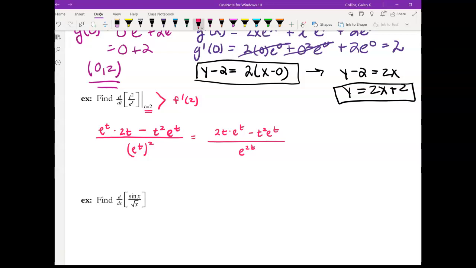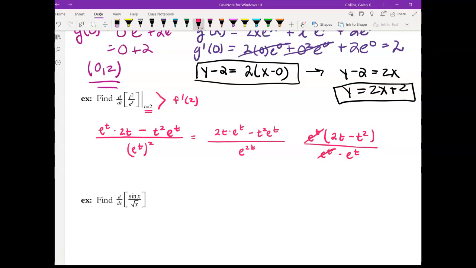We multiply exponents when we have a power of a power. And then lastly, we could factor out e to the t. I notice both terms on top have an e to the t. We're left with 2t minus t squared on top. And then I could think of the bottom as e to the t times e to the t, and we could factor one out.